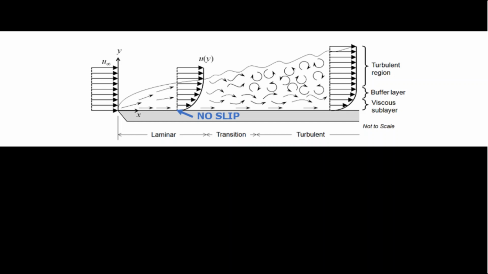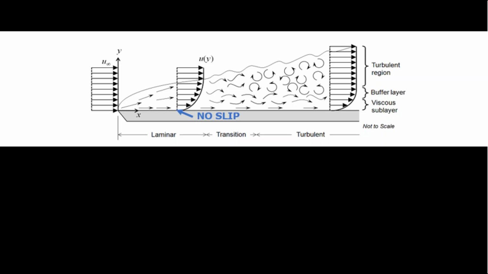So now let's consider the fluid flow over a flat plate, like the one shown in the figure. As you can see, there is a uniform velocity profile. That's U infinity on the left of the figure, and this velocity profile hits the leading edge of the flat plate. And then a laminar boundary layer begins slowly to develop across the distance of the flat plate.